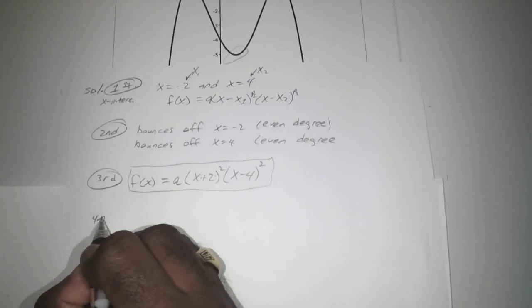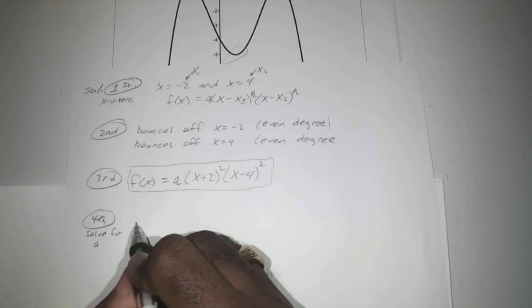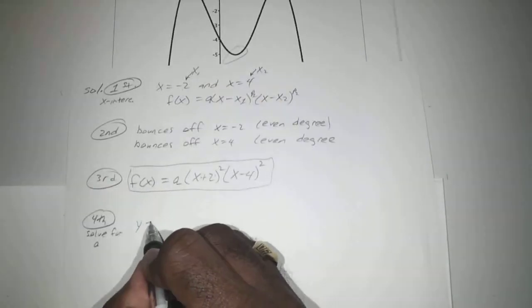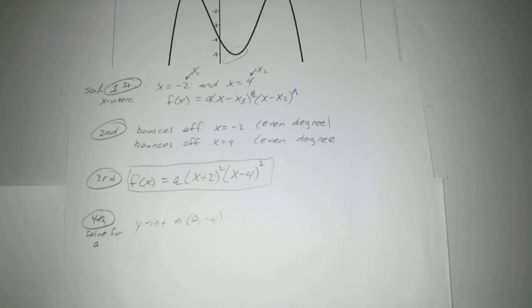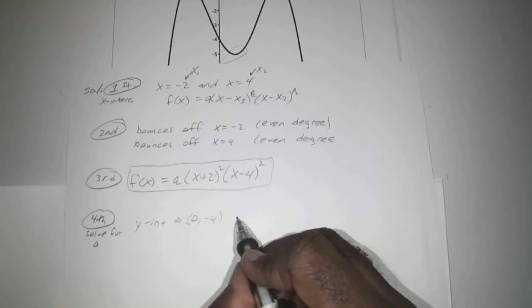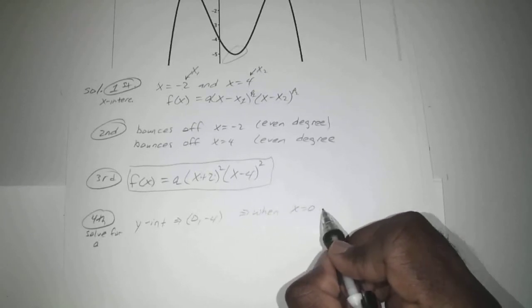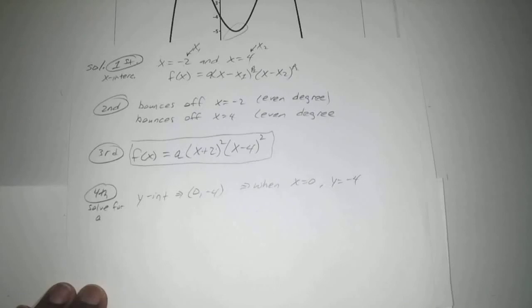So our fourth step, we just solve for a. Our y-intercept is 0, -4. So that just means when x equals 0, y is equal to -4, or f of x is equal to -4.